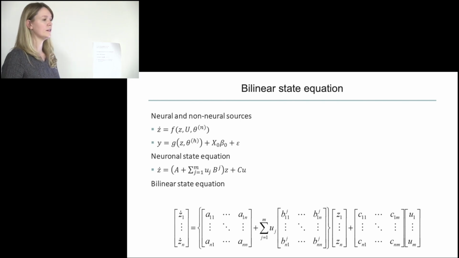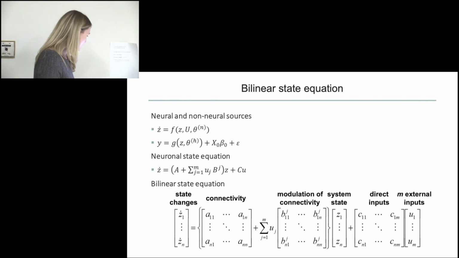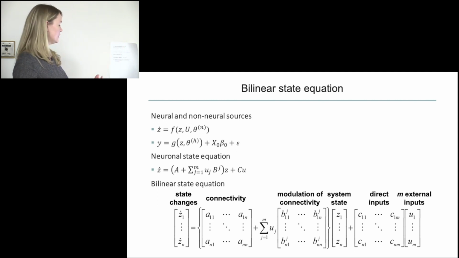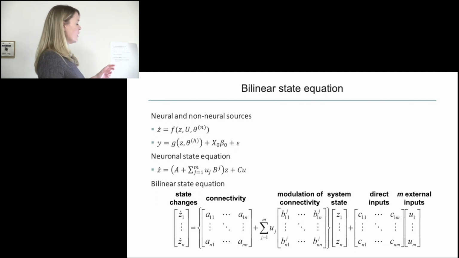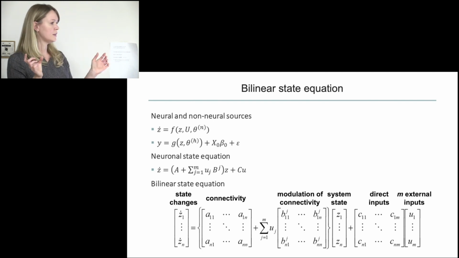More questions? Yes? Sorry, I'm not meaning to be picky, but what's the J exponent on the B? On the B, that's the condition that you have. So we had pictures and words that combined make up the task, and you have one B matrix for every condition that you want to compare.